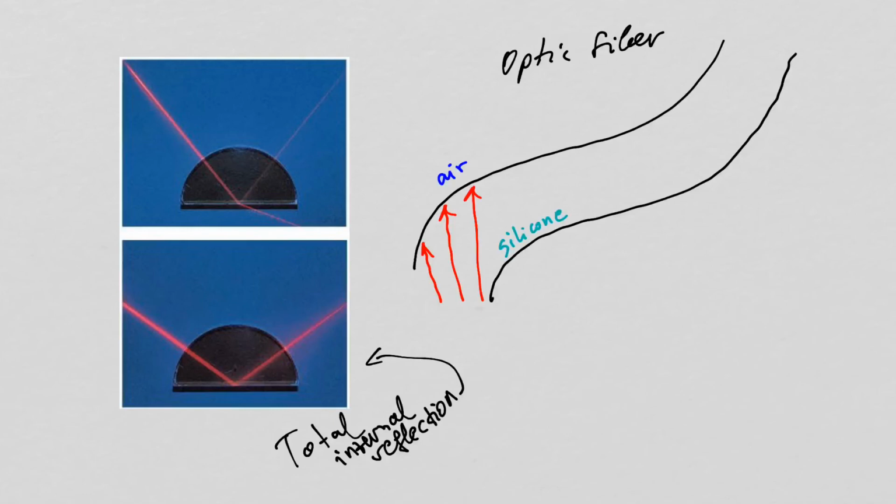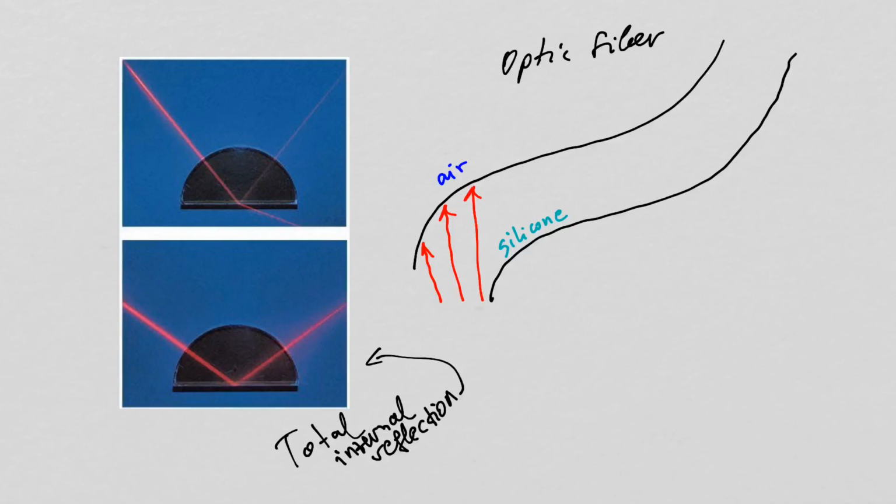The material inside the optic fiber is silicon with some other additives, and obviously outside of the optic fiber we have air. So the index of refraction of silicon is larger than the index of refraction of air. So if the light is incident upon the interface between silicon and air at angles that are larger than the critical angle for transition into air, we are going to observe a total internal reflection.